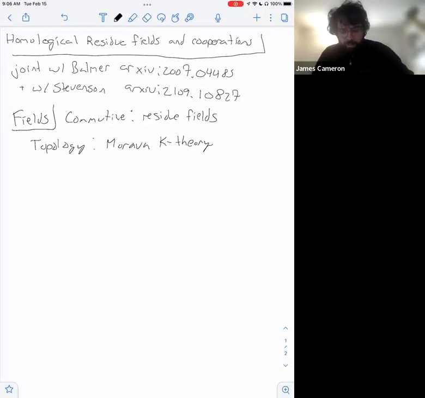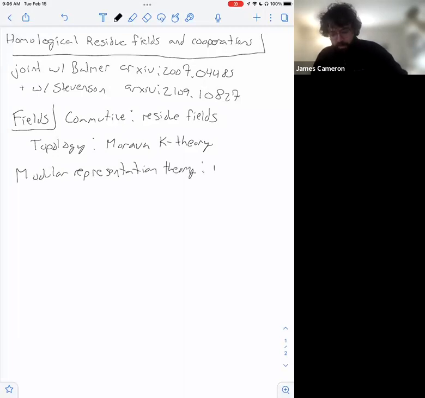And then the last example I want to mention is modular representation theory. And here we have what are called the pi points.